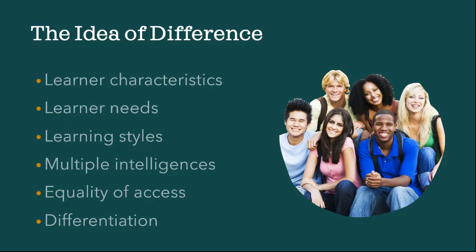Some people are gifted. They can rearrange your house for you. They are gifted in art. They are gifted in architecture. All right. So we have different multiple intelligences. I think there are about 12 of them. I've not mentioned some of them. Then there's equality of access, which we'll explore today. Under learner-centeredness, there's differentiation, which I will just talk briefly about. But the whole idea is that learners are different.